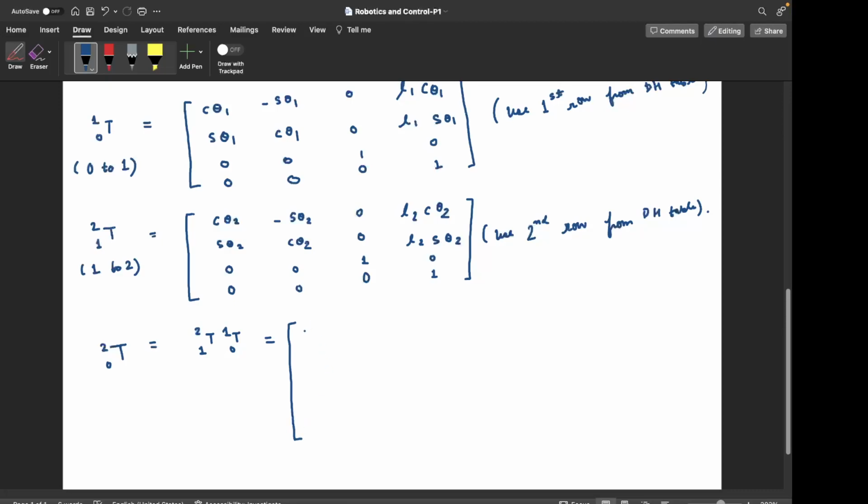So c theta 1 plus theta 2, minus s theta 1 plus theta 2, 0, 0, 1, 0, 0.